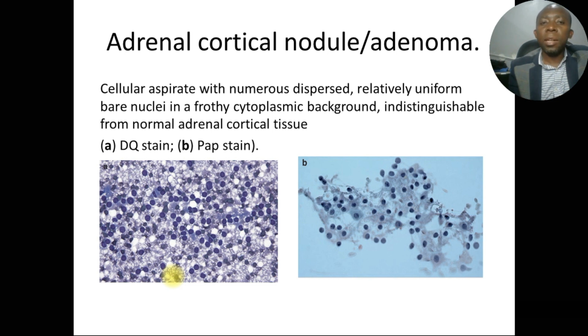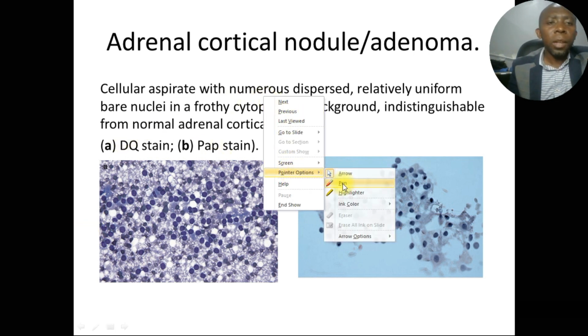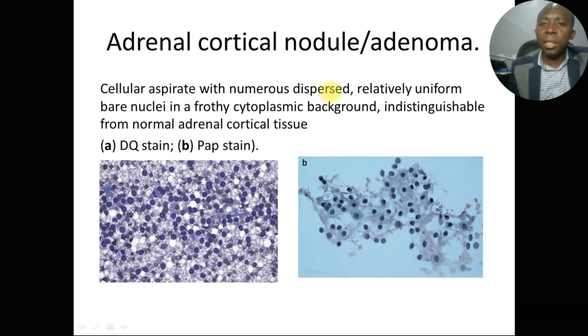And this is a cellular aspirate with numerous dispersed, relatively uniform bare nuclei in a frothy cytoplasm background. Yes, we need to take these words. Let me get my pointer. So we are saying the aspirate in the first case has numerous, dispersed cells. There is no cohesion in this case.